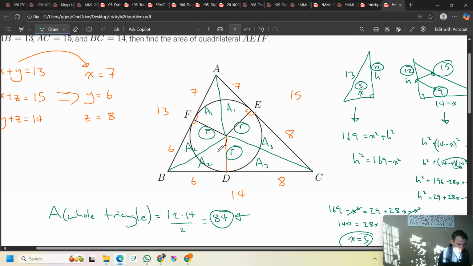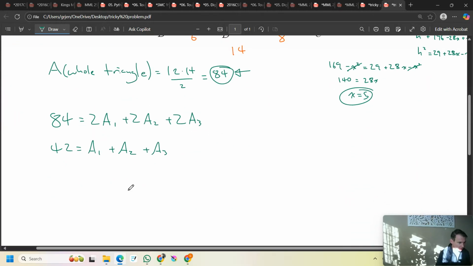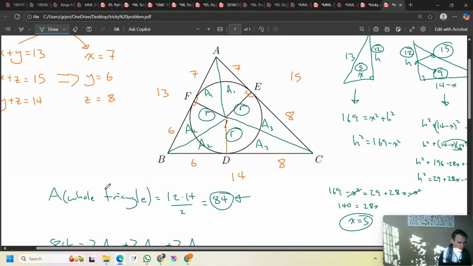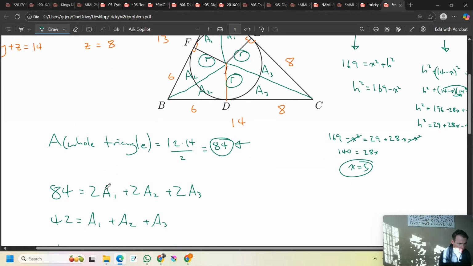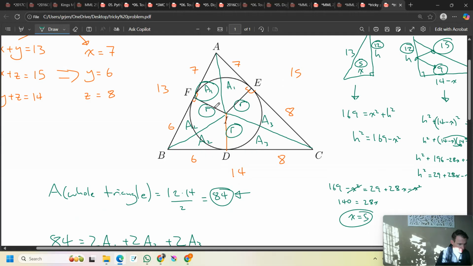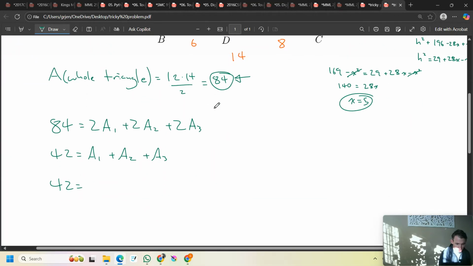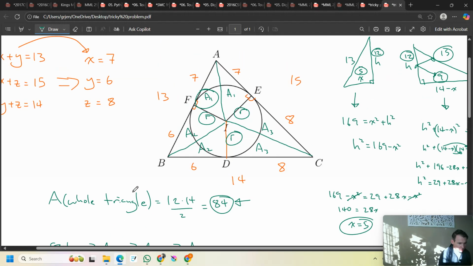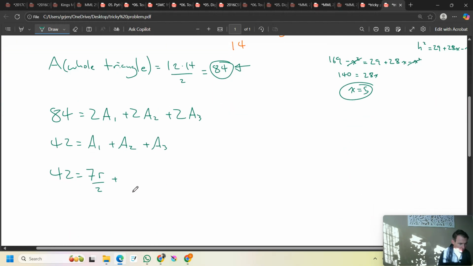And then we can create an expression using r for A1, A2, and A3. Of course you can. So A1 is that first triangle, where the base is 7 and the height is r. So we have 7r on 2, plus A2 is 6r on 2, otherwise known as 3r, plus A3 is 8r on 2.